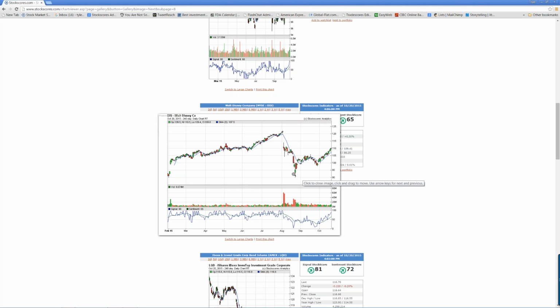I remember the day that I bought it, I thought, this stock looks terrible. It had really been hammered lower, but I recognized that it closed above its open after hitting a low, and it had that whole Star Wars thing coming down the tube, which I think is, whether it's huge or not, I think we all assume it's going to be a huge box office, but whether it is huge or not, it's going to bring a lot of optimism to the stock because people are going to be expecting that it's going to be huge.